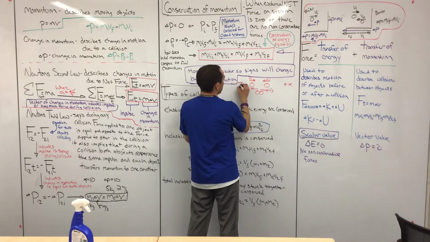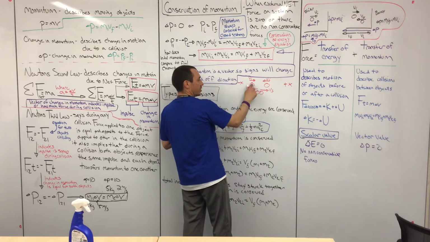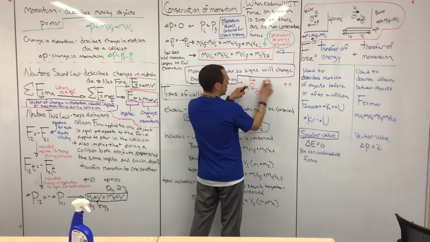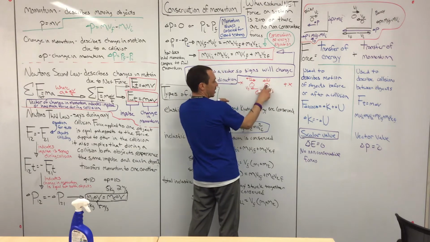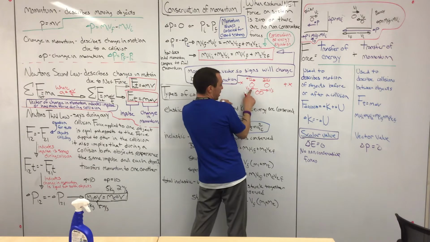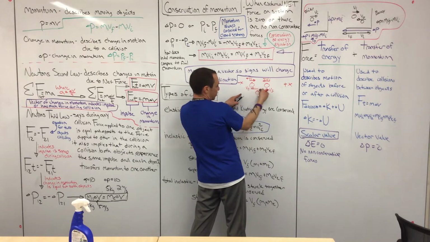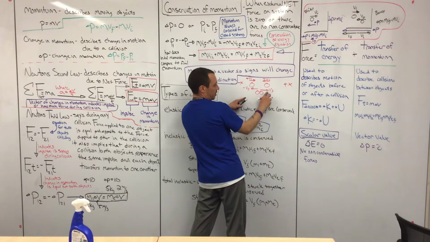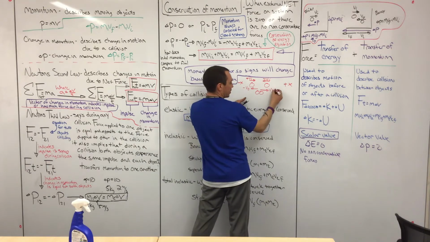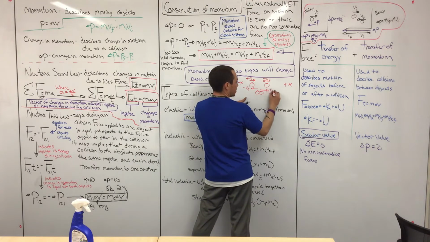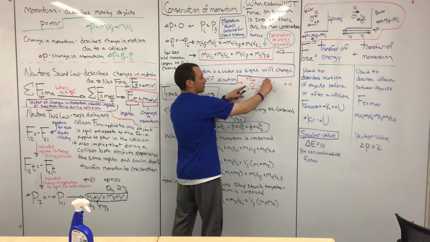The initial velocity for this one is going to be positive, but the initial velocity for this ball is going to be negative because of the way it's pointing. And then the final velocity for this ball is pointing negative, and the final velocity for this ball is pointing positive.